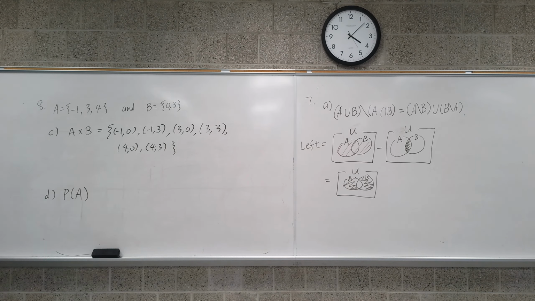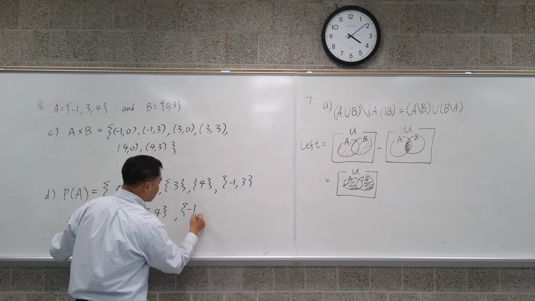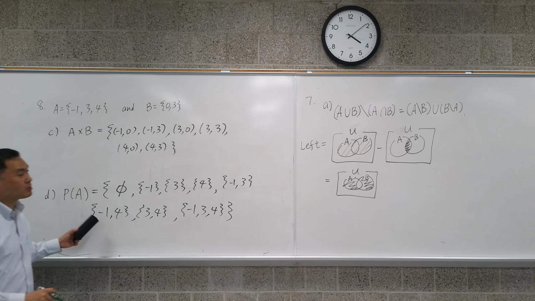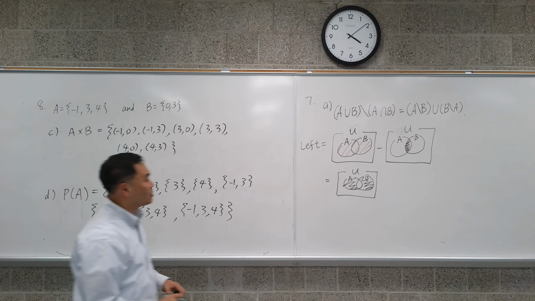Then {-1, 3}, now it's a subset with two elements. And you should always include the set itself, so {-1, 3, 4}. Okay, so that's every element in the power set.